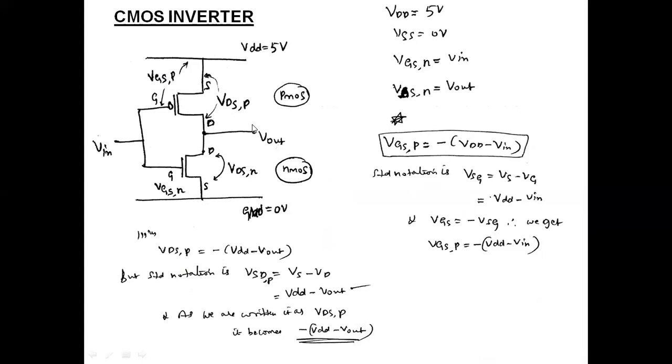So we have the same diagram. We have this PMOS device as the pull-up device, and the NMOS device is acting as the pull-down device. We have the gates of both the devices shorted, and always the source of PMOS should go to VDD, and the source of NMOS should go to the ground.